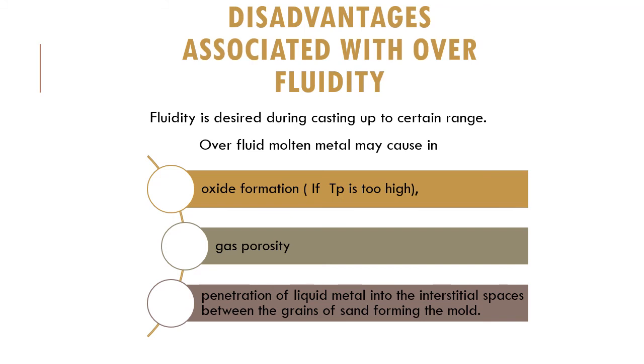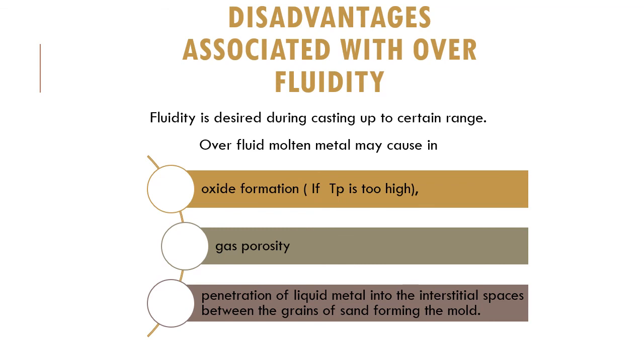First, it can cause oxide formation in the product that we produce if the pouring temperature is too high. It can also create gas porosity because the temperature is too high. When the temperature of the molten metal is too high and it reacts with the moist sand, it can cause water evaporation, and that will cause gas porosity.